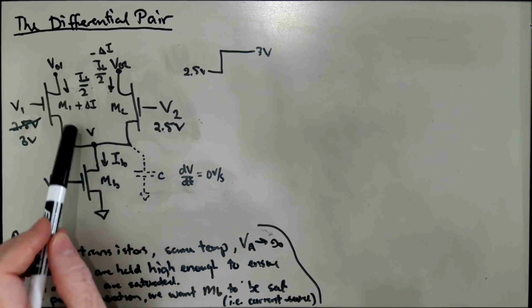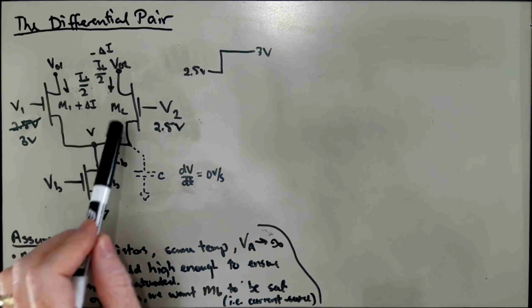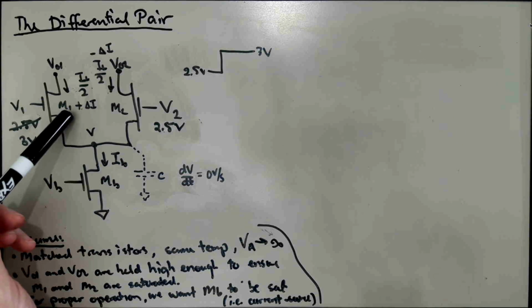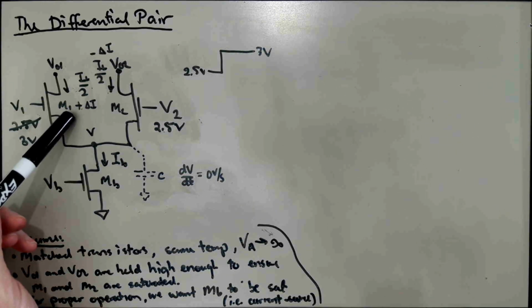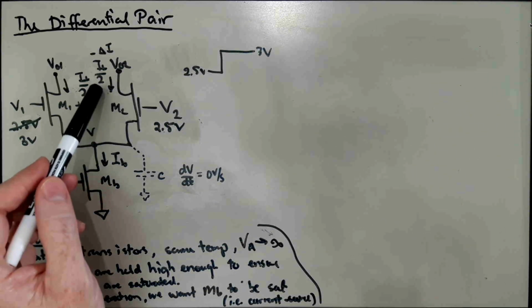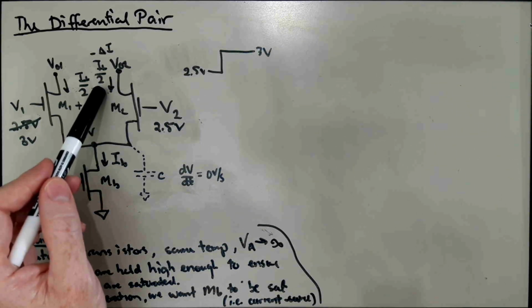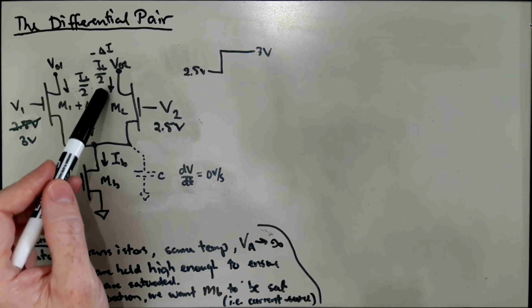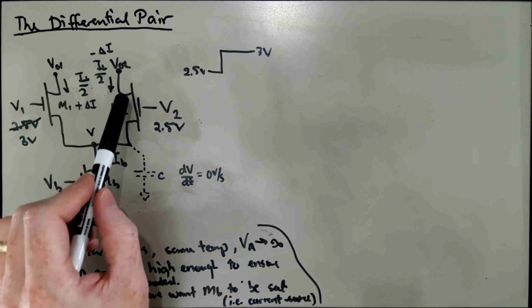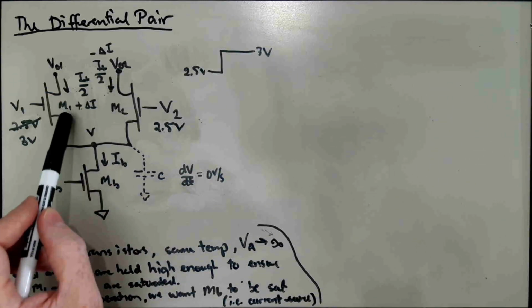That's going to push back on the current, turn the current level down in both transistors. So the current in M1 will decrease from its value of IB over 2 down to something below IB over 2. And this current, which had increased above IB over 2, will still maintain itself above IB over 2 when it stops. But now we'll have the current increase over here and the current decrease over here.